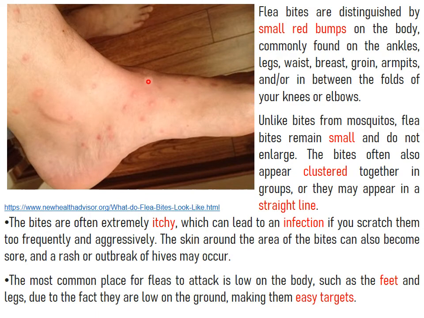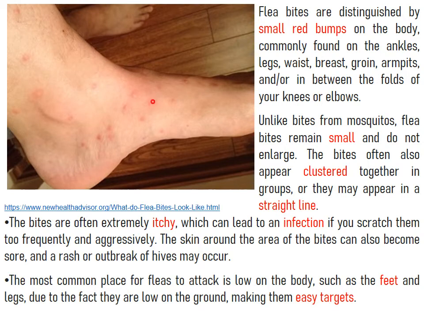What you see here are small red bumps, which are the common pattern of rash that you see from a flea bite. The common location for a flea bite is generally the legs or the ankles, because they are low on the ground, which makes it an easy location for the fleas to bite.